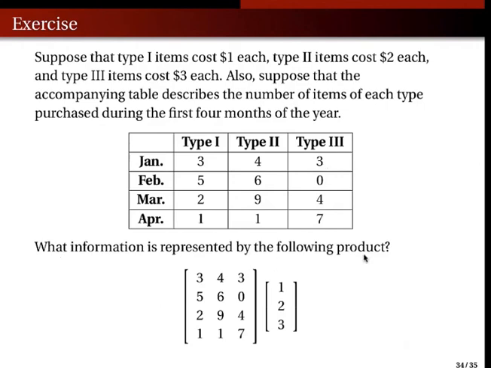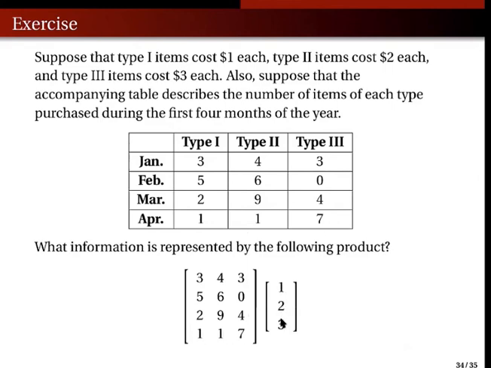So what information is represented by the following product of matrices? In here, you have 3, 4, 3, that's your first row. Here you have 5, 6, 0, that's your second row. 2, 9, 4, third row. 1, 1, 7, that's the fourth row.